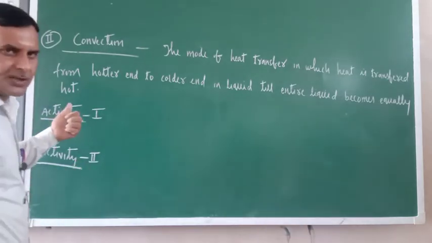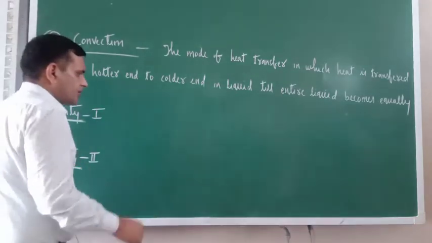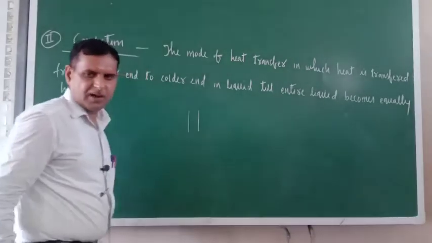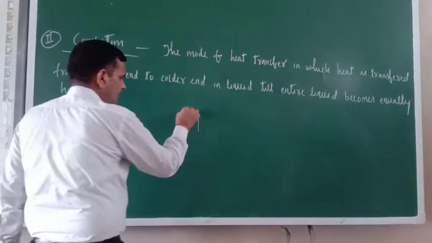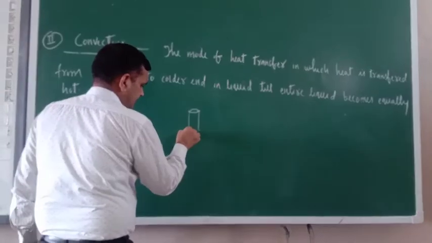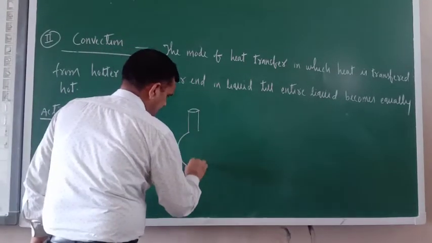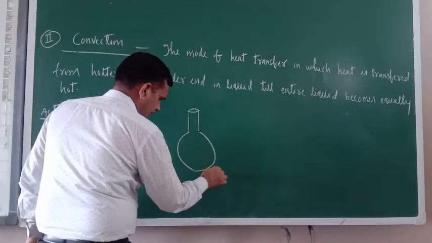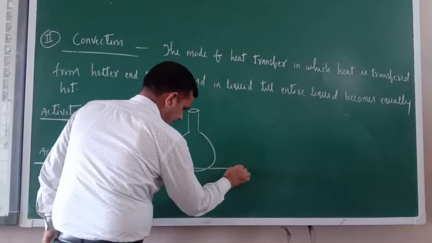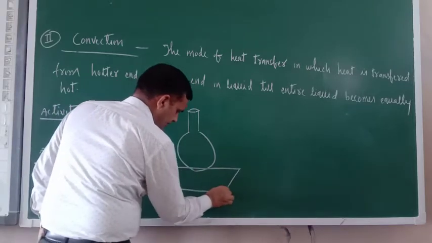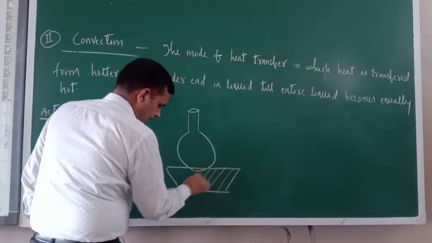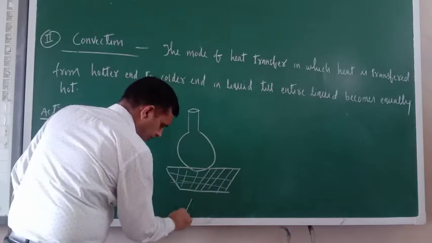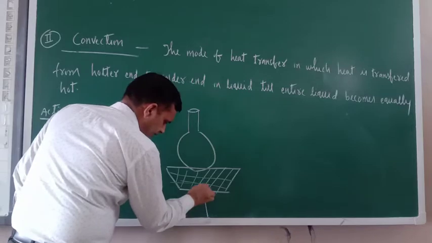Now we'll explain with the help of one activity. Take one round bottom flask. Now here a wire mesh should be there, and one tripod stand should be there.